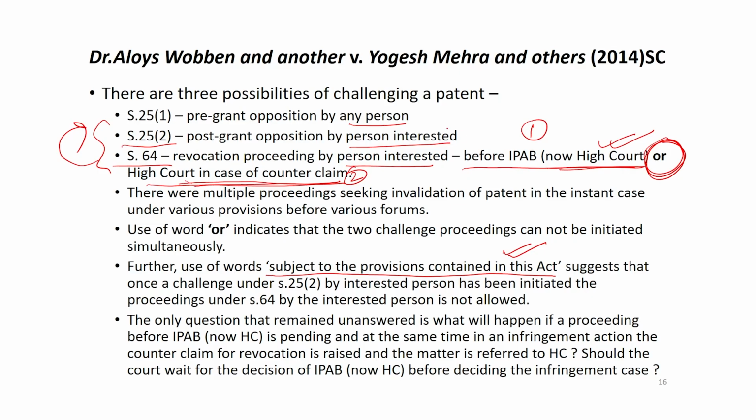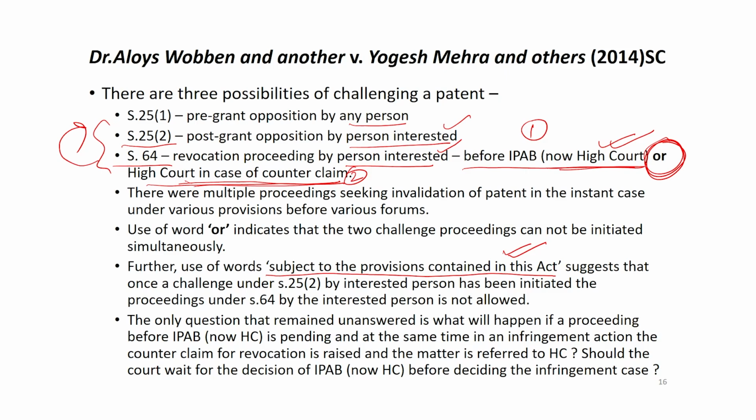Because both are done by an interested person, an interested person cannot be allowed to challenge a patent twice. Therefore, if you have already challenged it in 25(2), you cannot challenge it in 64. And that is how multiplicity of the matter has been reduced.